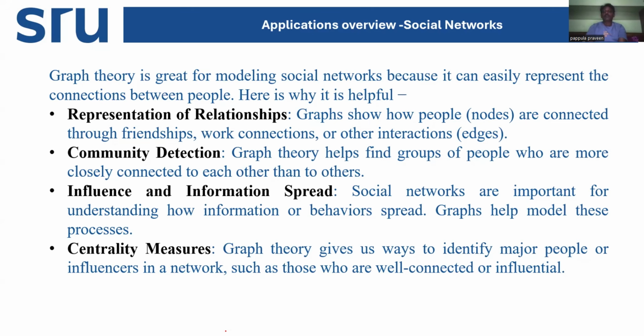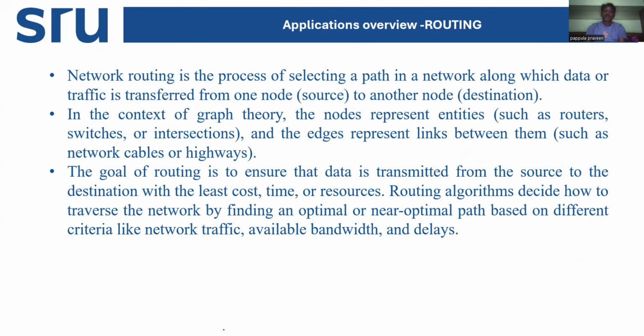Social networks are important for understanding how information or behavior spreads, and graphs help model these processes. And centrality measures: graph theory gives us a way to identify major people or influencers in a network, such as those who are well connected or influential. So these are the applications of social networks.